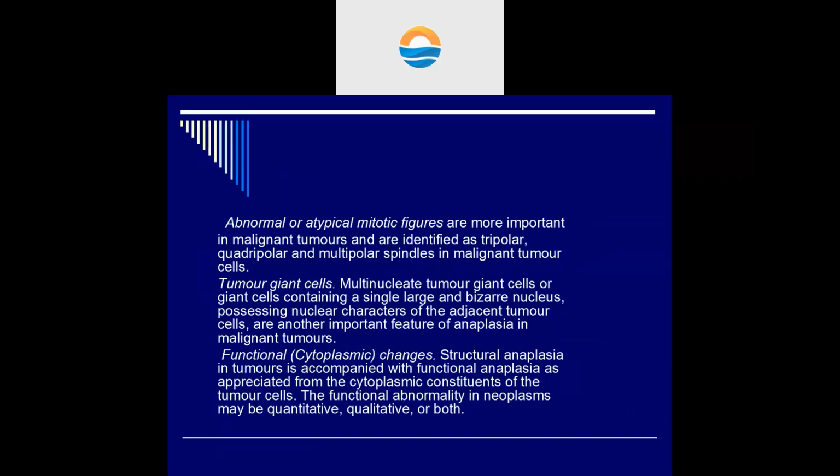That is a very important feature of malignancy. Tumor giant cells, multinucleate tumor giant cells or giant cells containing a single large and bizarre nucleus possessing nuclear characters of the adjacent tumor cells, are another important feature of anaplasia in malignant tumors.